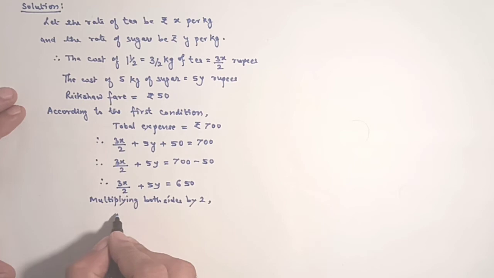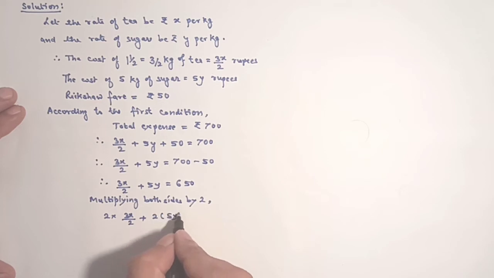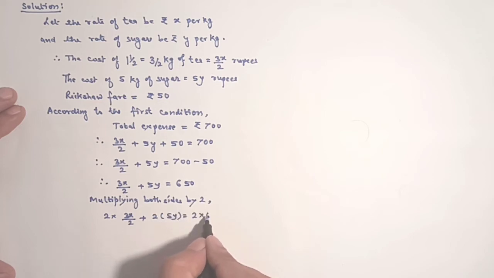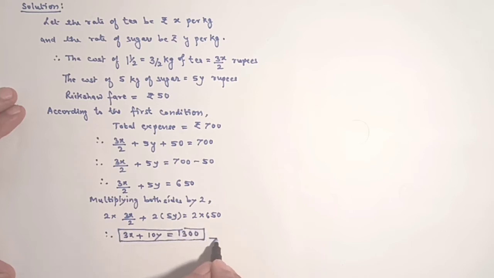We get 2 into 3x upon 2 plus 2 into 5y is equal to 2 into 650. The 2 and 2 cancel, so 3x plus 10y is equal to 1300. This is your first equation.